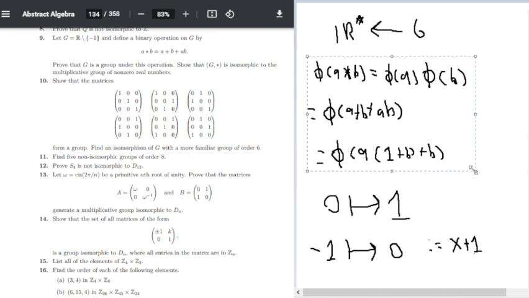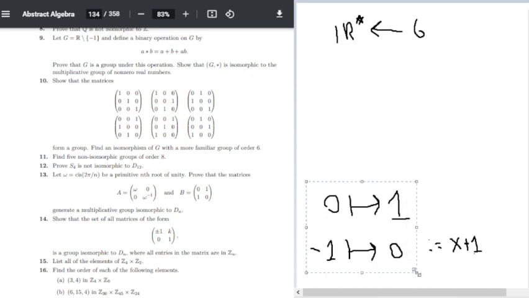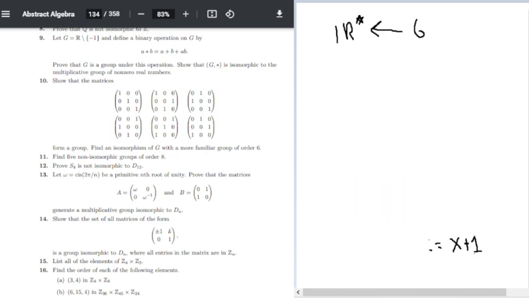So let's just try it and see how it goes. Our first guess is going to be that we have a function phi such that phi of x equals x plus 1. I definitely have a feeling that this is going to be the whole picture, but let's see.